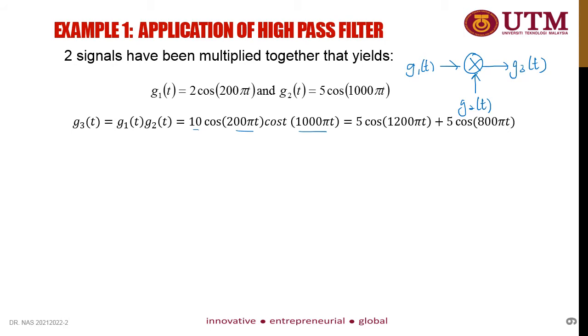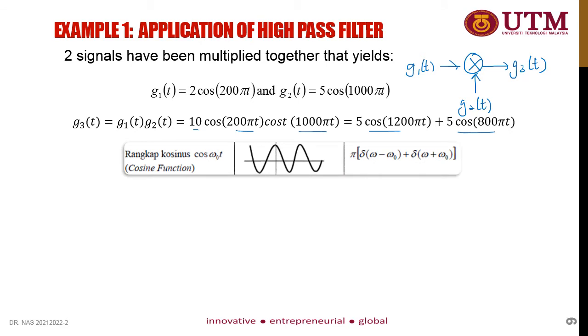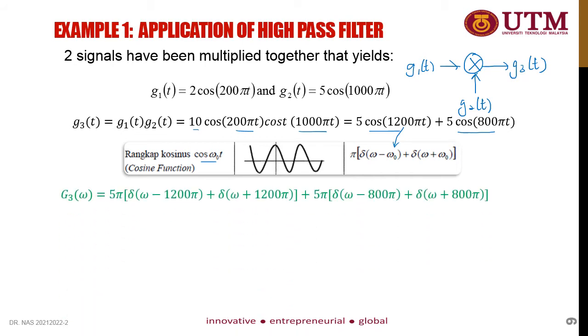So by using frequency domain, or by referring to the Fourier transform table, you can expand this equation into frequency domain. So if you have a cosine function, the equation will be pi delta of omega minus omega naught plus delta of omega plus omega naught. So omega naught is basically the frequency of the signal. So now G3 in time domain is transformed into frequency domain by using Fourier transform.